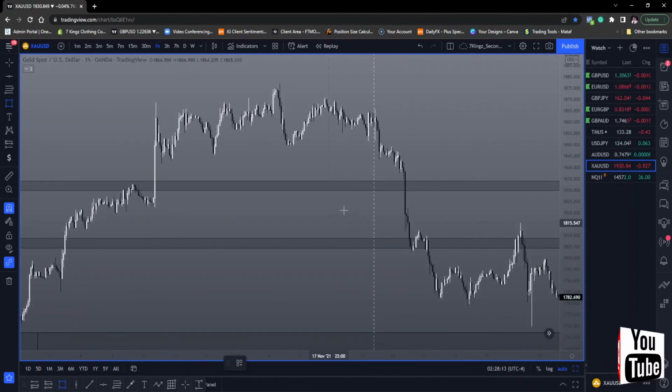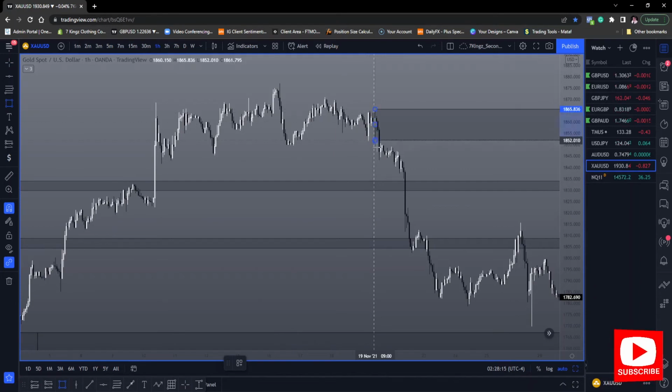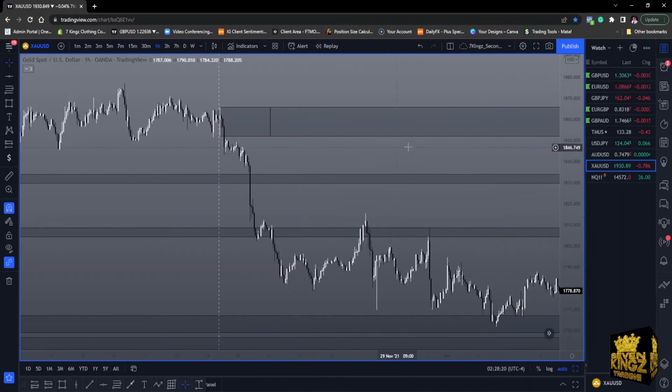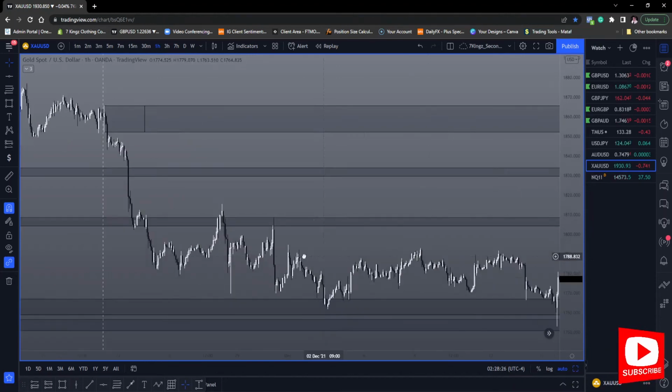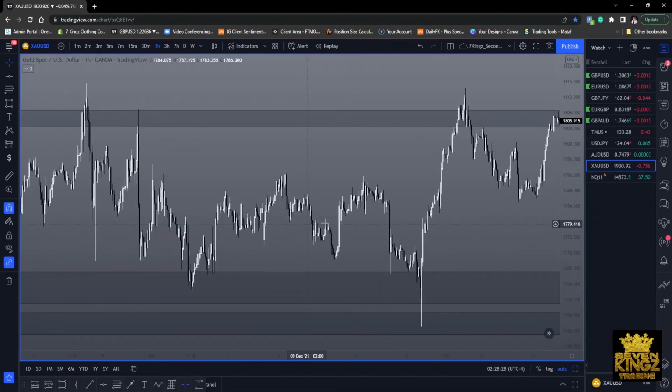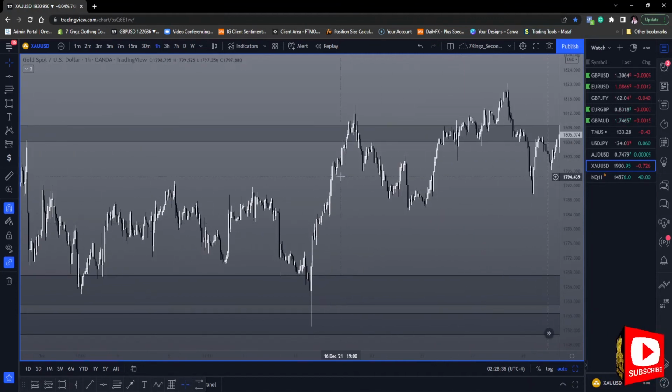And then we go up and we have a big push down here. So we have another level here that we're looking at. As you can see, price comes down, touches one of our levels, and goes up. That level that it came close to but never got down to came down, wicked up, very strong push up.